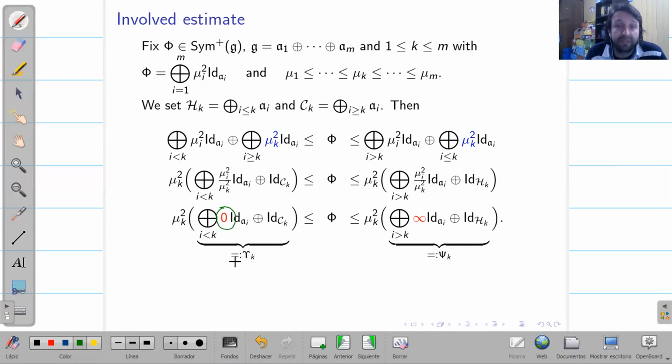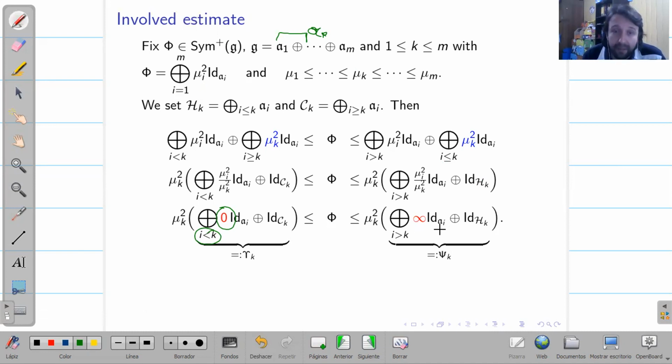It's a positive semi-definite symmetric endomorphism. Semi-definite, because it's 0 on A1, ..., A(k-1), and positive on the rest. Here is a strict inequality.